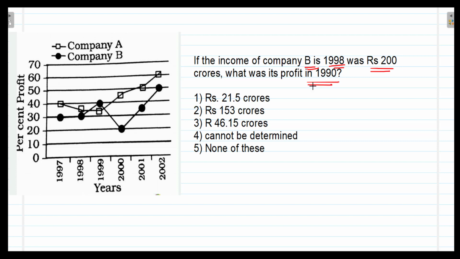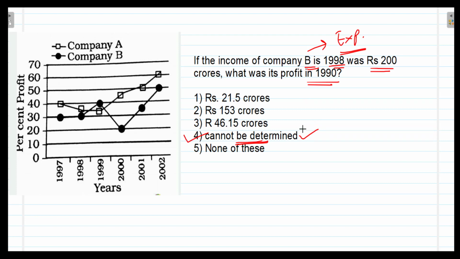In 1990 the profit of company B is what we have to find, but the expenditure is not given, and since the expenditure is not given we cannot find the profit, and therefore we cannot determine the answer, that is the profit in 1990. So the correct option will be option number 4.